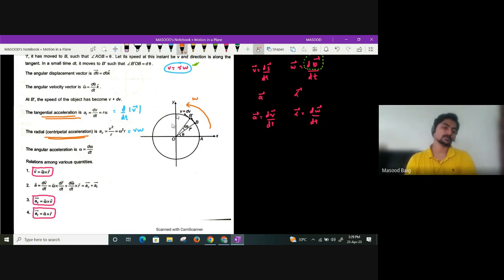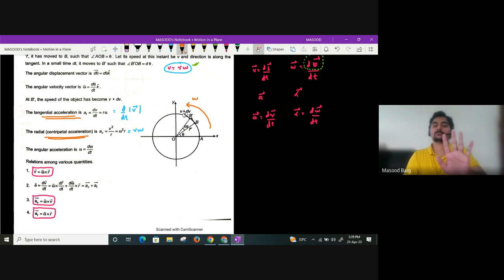Circular motion is what, beta? Is it a plane motion or it is a motion in space? Circular motion I'm talking about. Is it motion in plane or motion in space? Circular motion is motion in plane. And always remember, angular velocity will be perpendicular to the plane in which object performs circular motion.